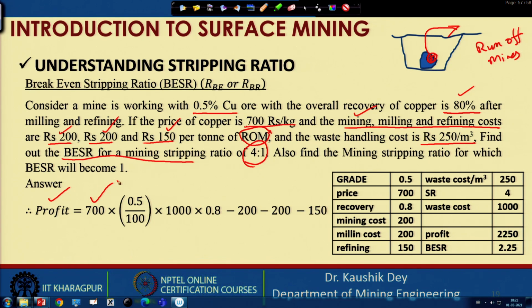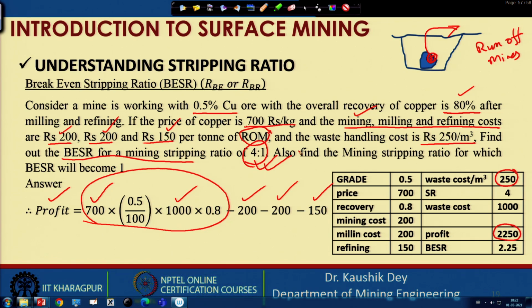That price is 1700 rupees per kg, and as we are considering the ton, we are multiplying it with 1000 to make it per ton. This is the price we are getting, and we are subtracting mining price, milling price, refining price. So, by this we have found our profit is coming 2250 rupees, and our waste handling cost is 250 rupees per meter cube. So, 4:1 is the mining stripping ratio.